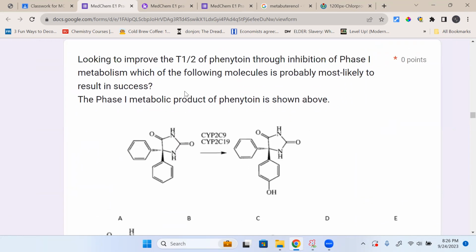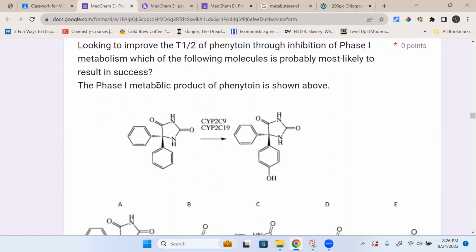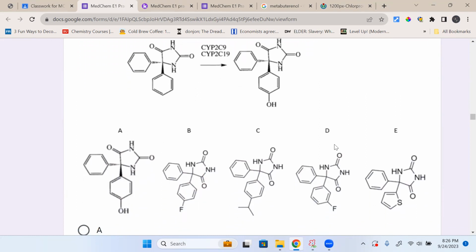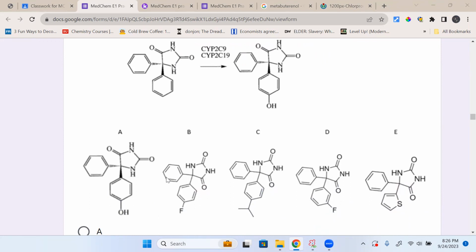for this problem, we're looking to improve the half-life of phenytoin. So I showed you the metabolism of phenytoin, which is aromatic hydroxylation, putting an OH para to the hydantoin nucleus. So that, para to the drug. How could we improve the molecule in order to make the half-life better?